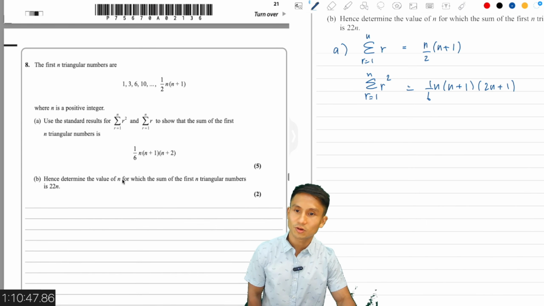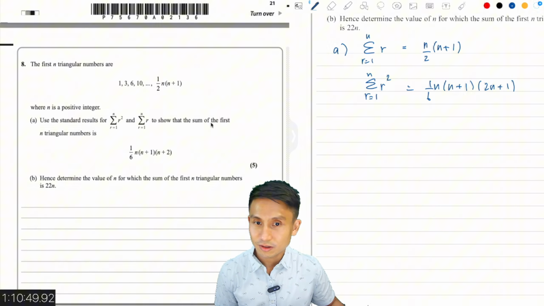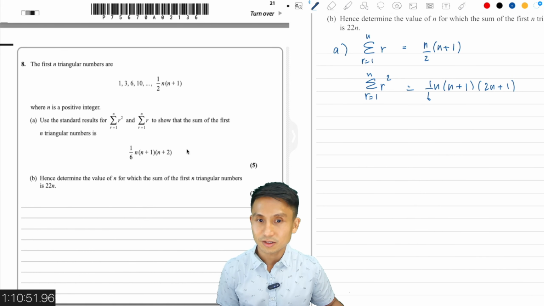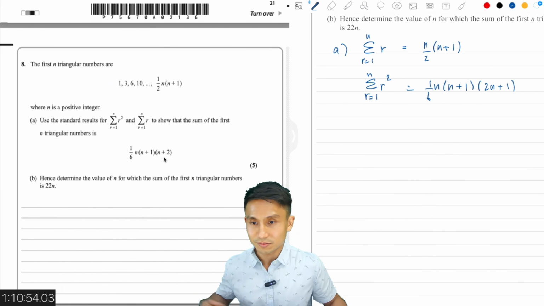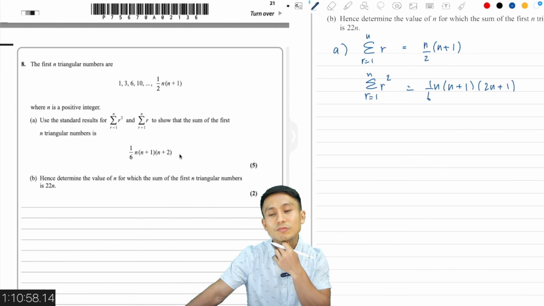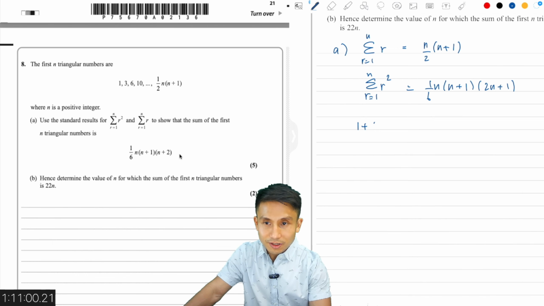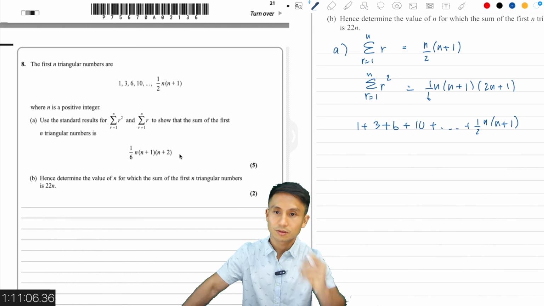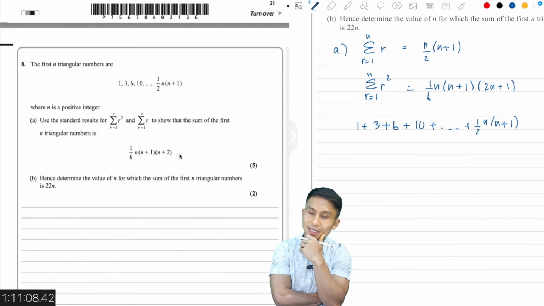Okay, now the sum of the first n triangular numbers is that. So we are basically adding up this to this, right?